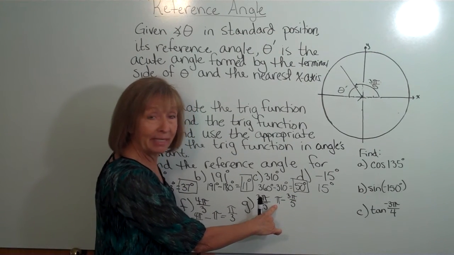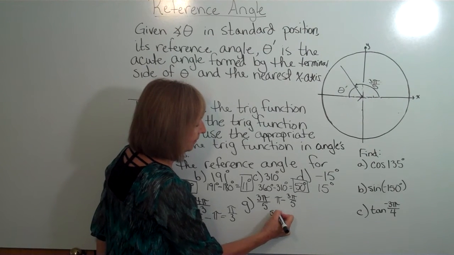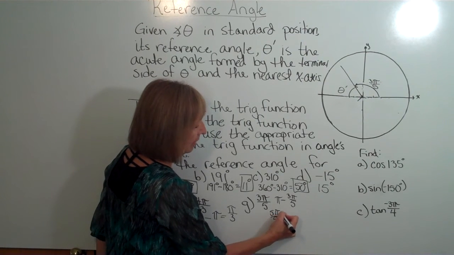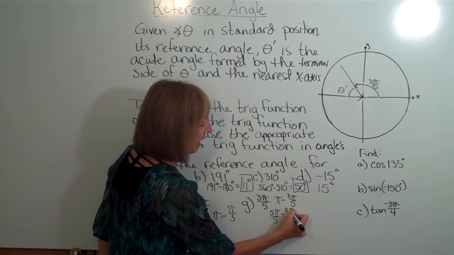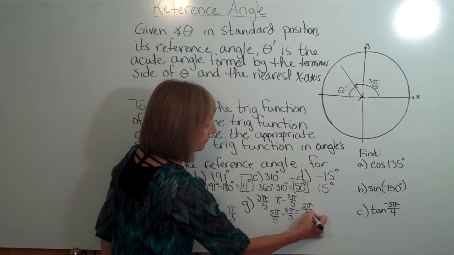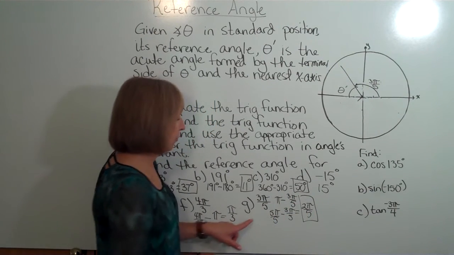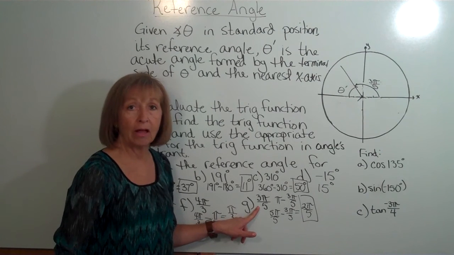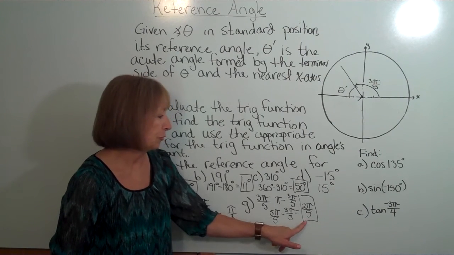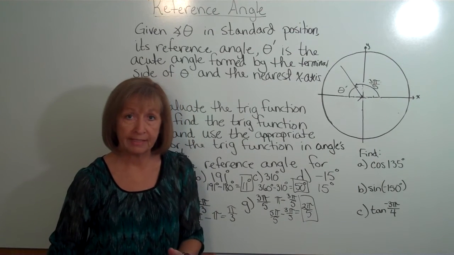Get common denominators of 5, so that's 5 pi over 5 minus 3 pi over 5, which is 2 pi over 5. So the reference angle for an angle of 3 pi over 5 is 2 pi over 5. So I hope that's helped you with the reference angles.